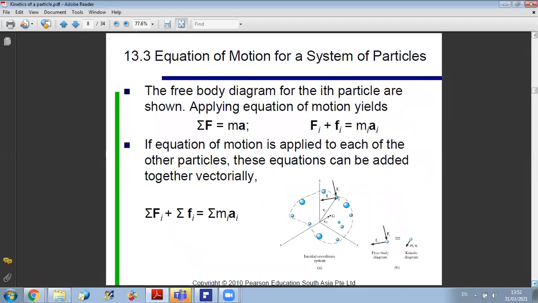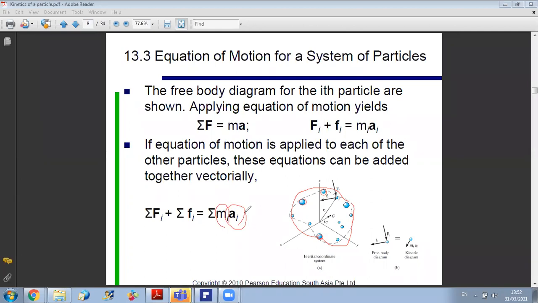Now, concerning the equation of motion for a system of particles, you can have several particles in motion in a system. If you decide to work on a system of particles, then you will say that the sum of forces on these particles is equal to the sum of the mass of each particle times the acceleration of each particle.